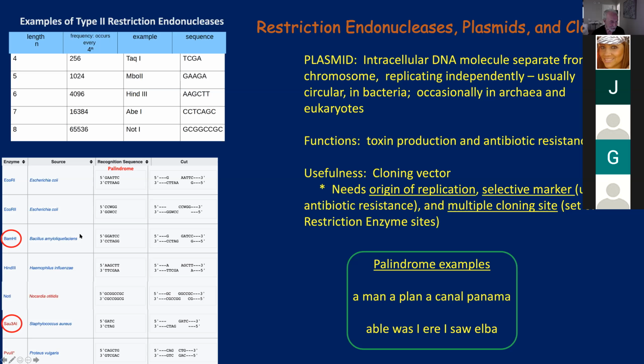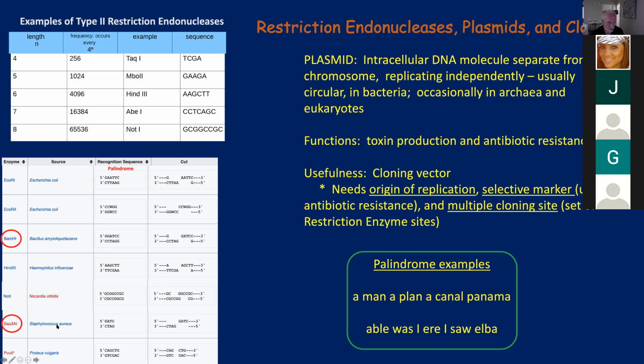Now, I circled 2 enzymes here because for me this is personal. The first genomic library I ever made, I digested genomic DNA with Sau3A, which you can see is a 4-cutter, and I mixed it with a plasmid digested with BamHI. Now, if you look at the restriction sites of those 2, you can see why.